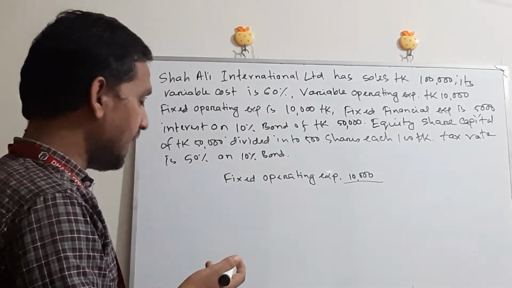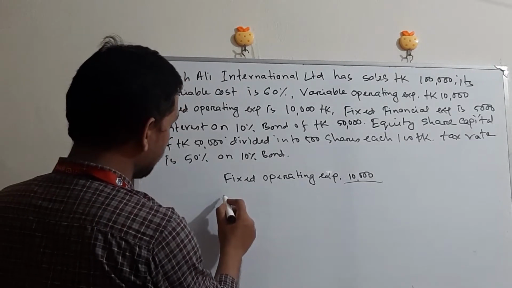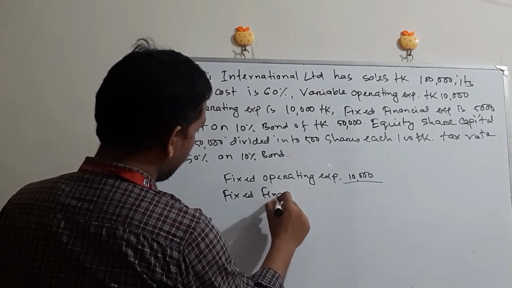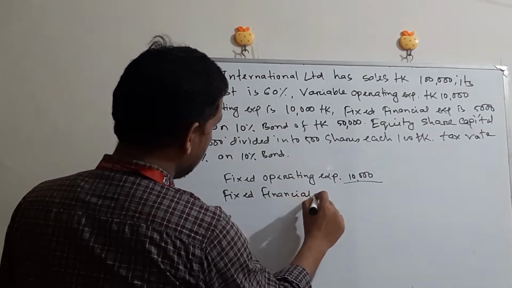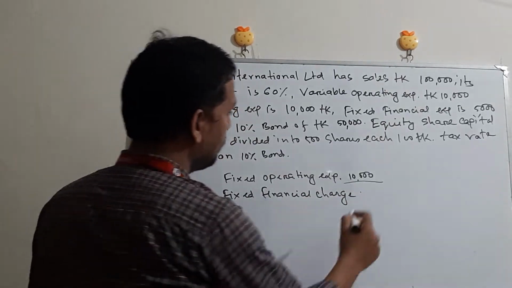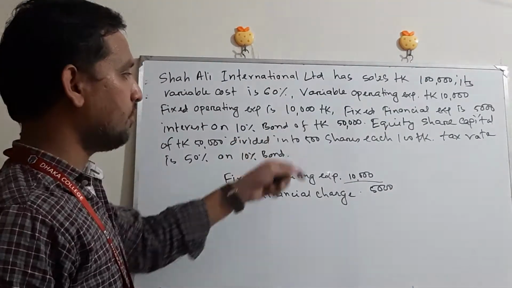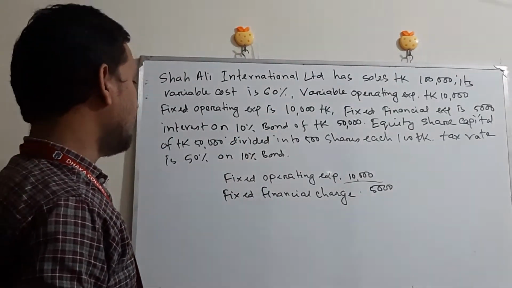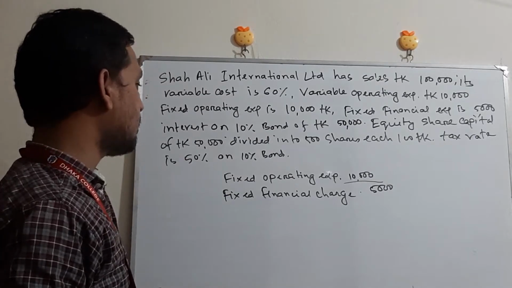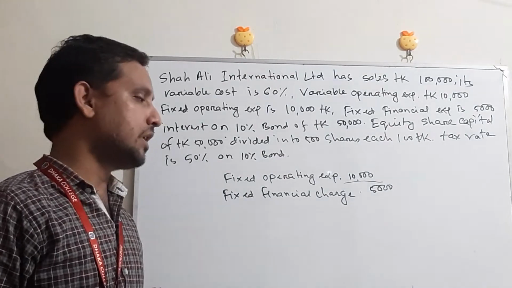Then we see the fixed financial charge, which is 5,000 taka on 50,000 taka bond at 10%. So here we see fixed operating expense 10,000 taka and fixed financial charge 5,000 taka.